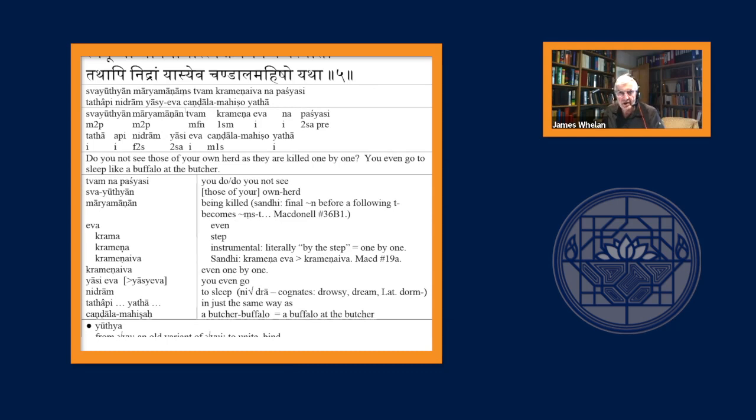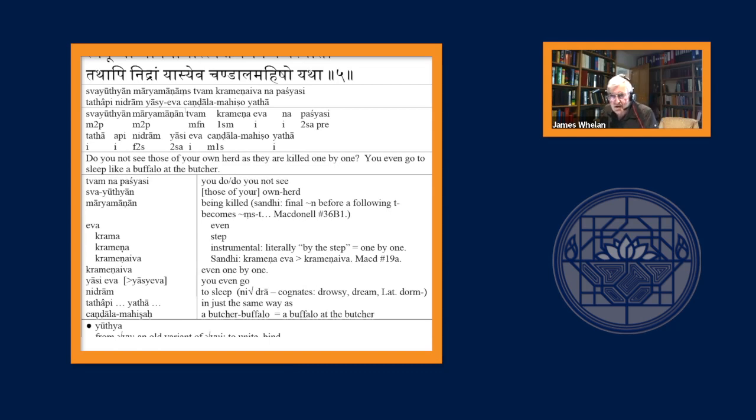So on its own: svayuthyan marayamanan tvam kramenaiva na pashyasi. So marayamanam, being killed; kramena is from the root kram, meaning a step. By the way, one word is from chankrama, formed with a reduplicative syllable.